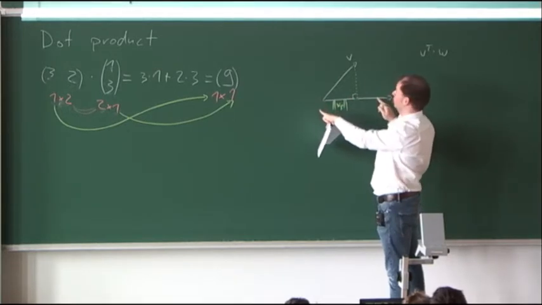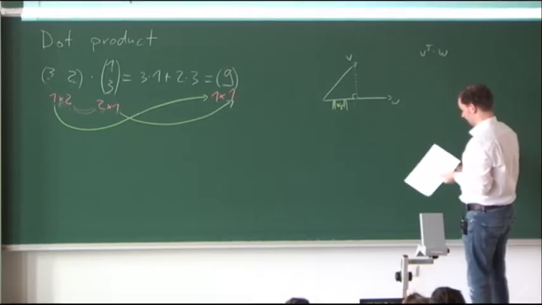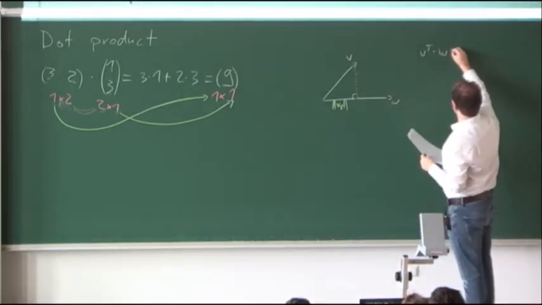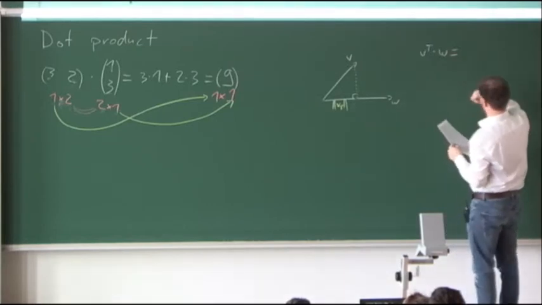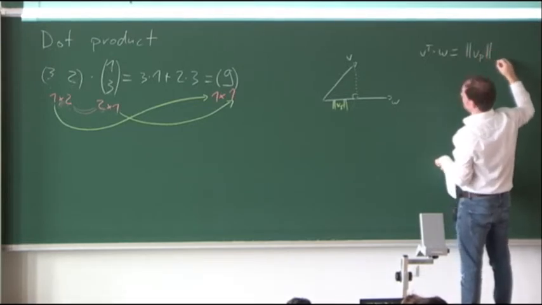And this is the dot product between V and W. So V dot W is the length of this projection times the length of W.